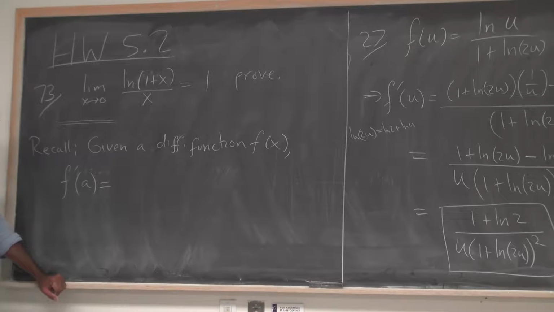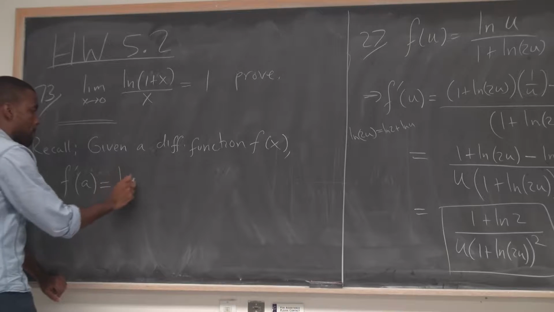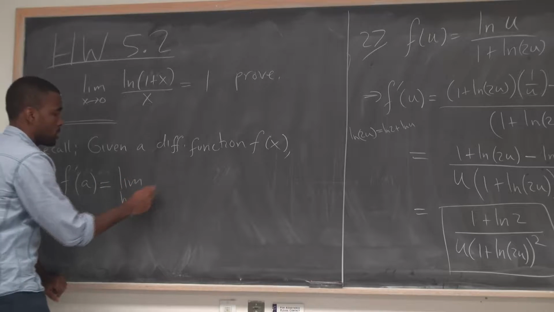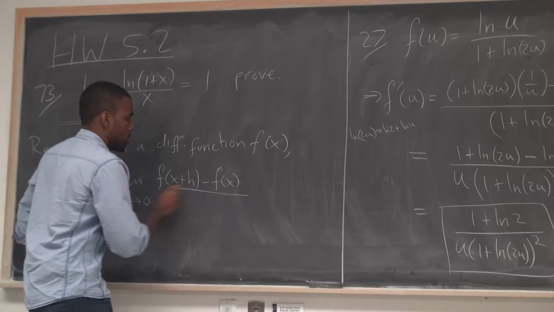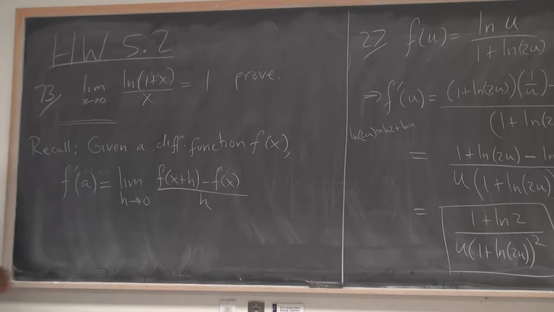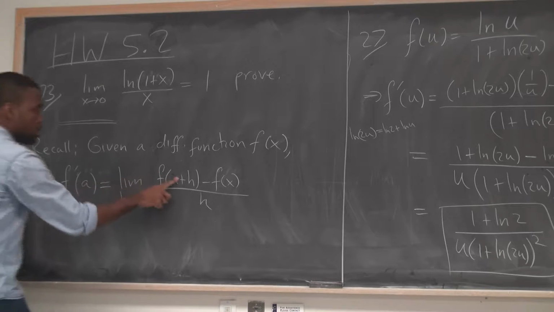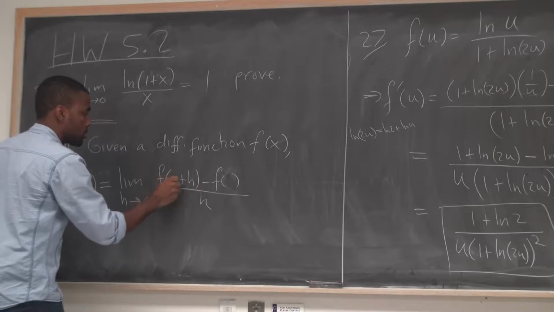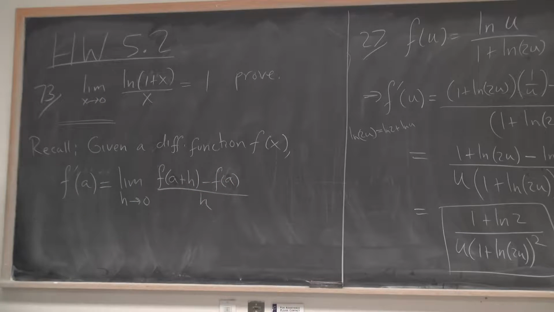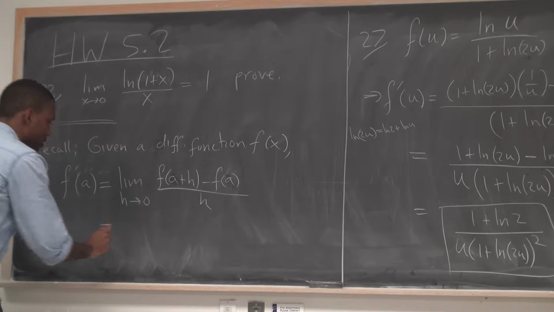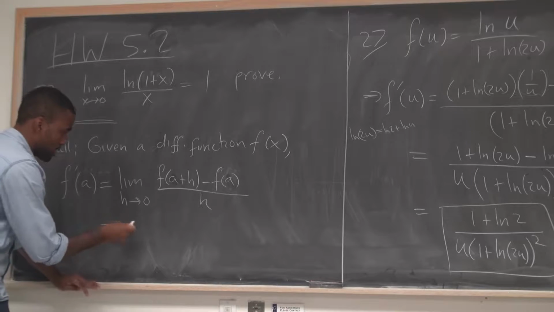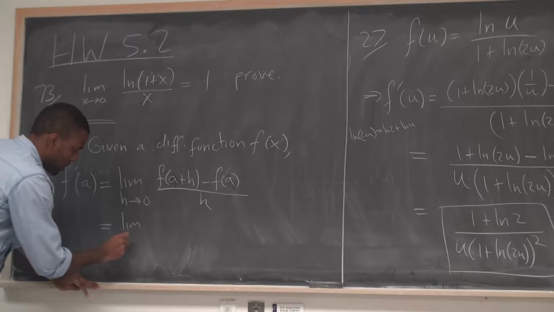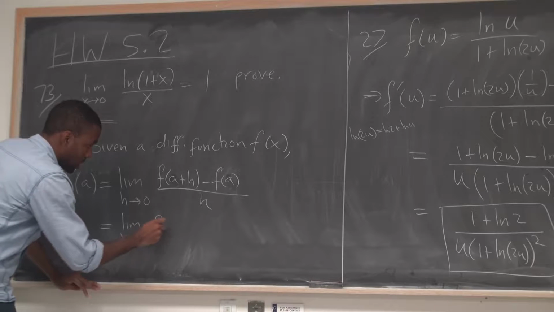By definition, the limit as h approaches 0 of f of a plus h minus f of a over h, right? So now the trick is, they did this little variable change on you to try to confuse you, I guess. What if you replace the h with x? So instead of writing this, you write this.